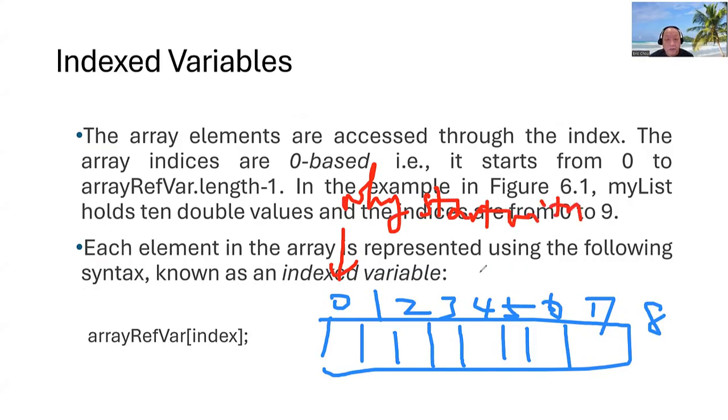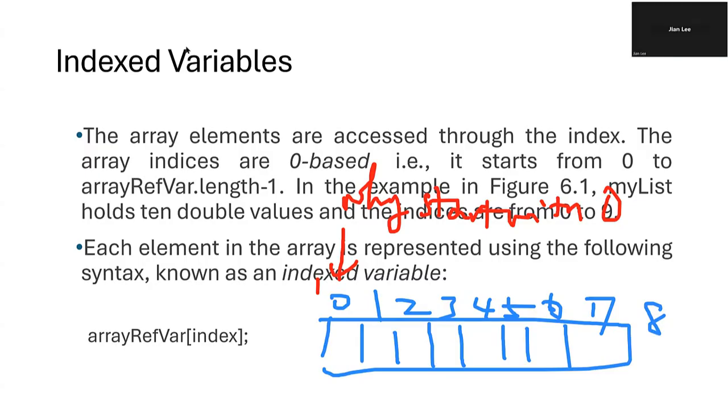Why doesn't the index start with 1? Anybody know? How about Jeremy? Do you know? Why does the array index always start from 0?